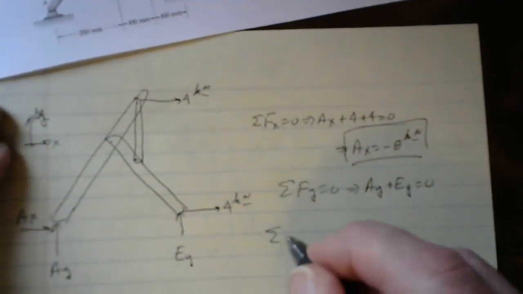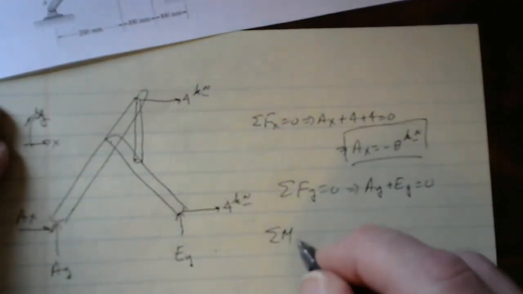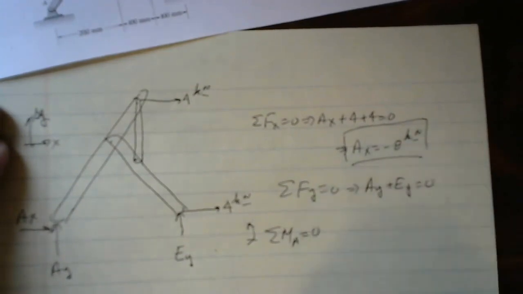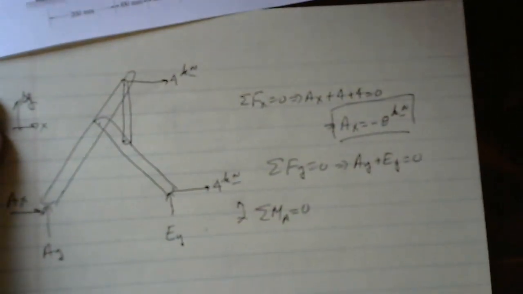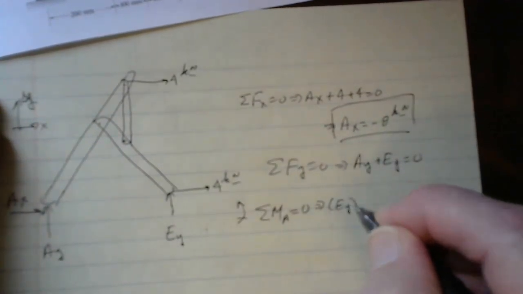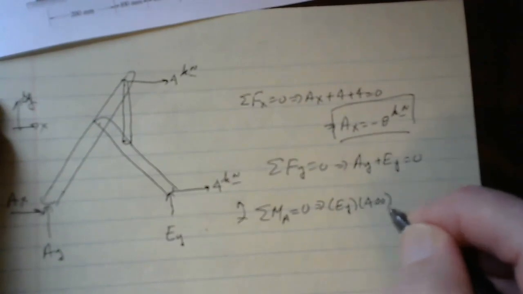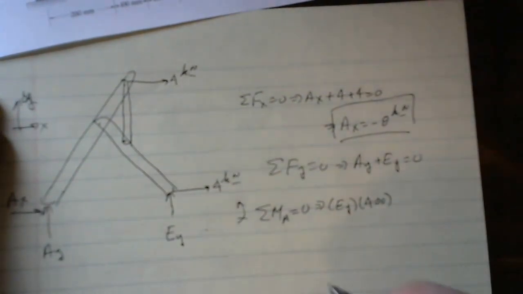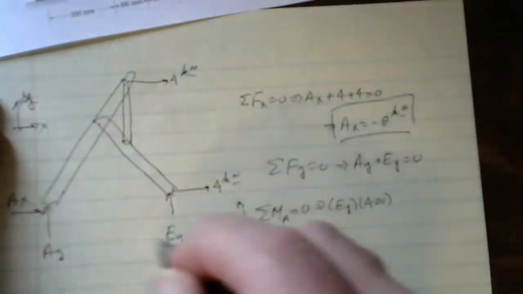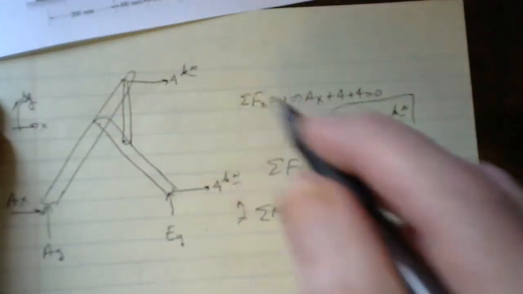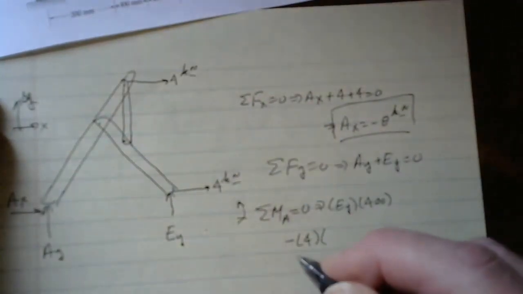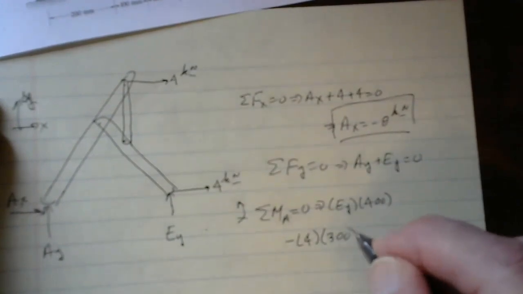So I'll take the moment about either A or E. It makes no difference. Sum the moments around A, counterclockwise positive. So that's EY times 400; look at the diagram to get the dimensions. EY times 400, minus 4, because this 4 kilonewton load at C tends to rotate clockwise, so it's minus 4, and its moment arm is 300, equals 0.